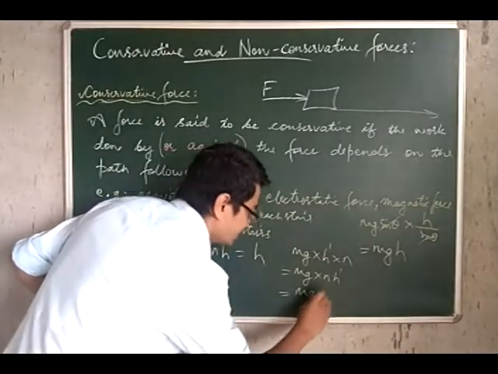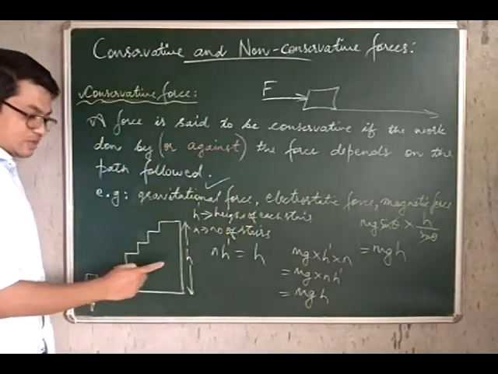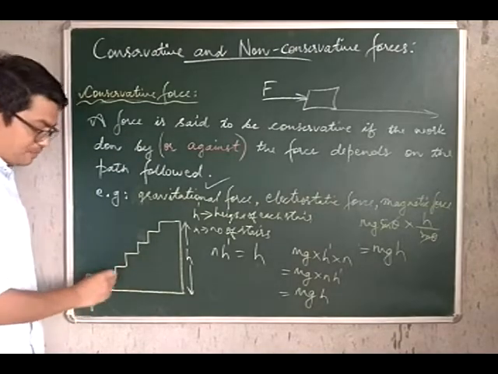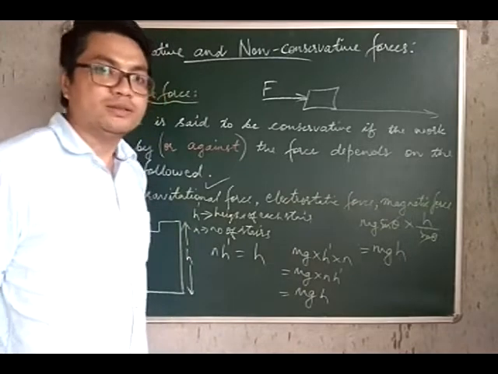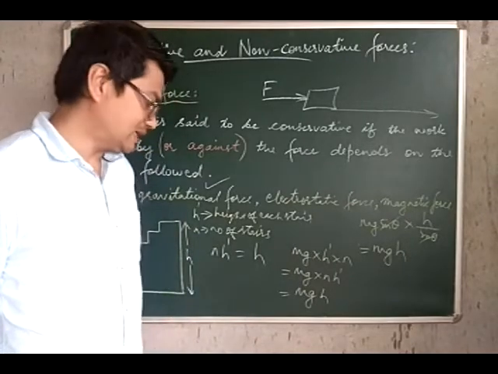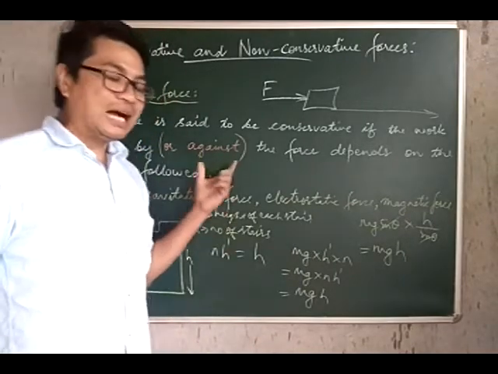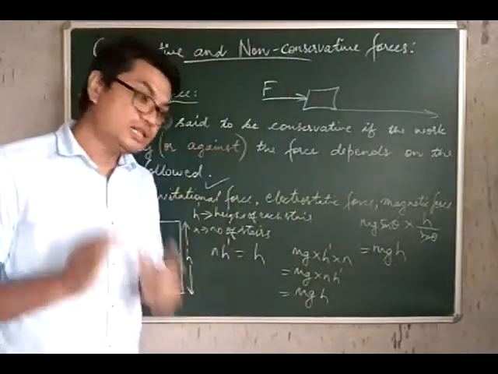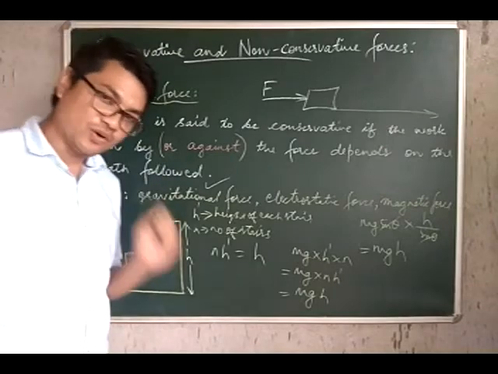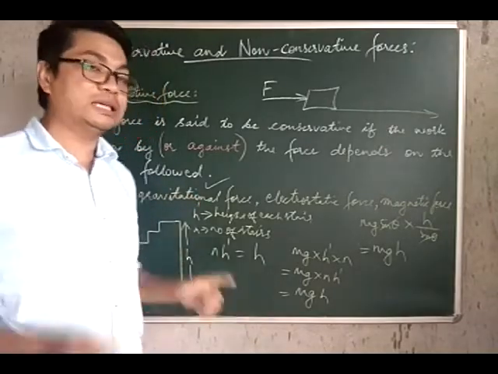So we still see that the work done to take the body up the flight of stairs is still the same, mgh. So we get to see that the work done by or against the force of gravity is independent of the path followed.